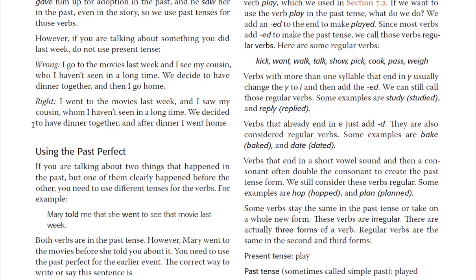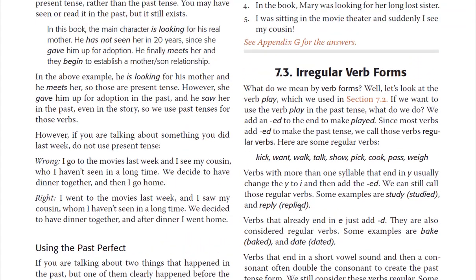So you need to use the past perfect for the earlier event. The correct way to say this sentence would be, Mary had seen the movie before she told me about it. So had seen, the past perfect, is one event happening in the past before another event happening in the past.